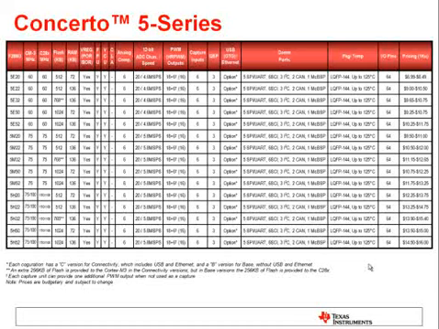Here's an overview of the configurations offered in Concerto. You'll see that we really only varied the CPU speed and memory sizes between these configurations, with USB and Ethernet as an option. We start with the entry level, as signified by the E in the part number, which features a 60 MHz Cortex-M3 and a 60 MHz C2000X. The mid-level, over here, bumps the speed up to 75 MHz per core.